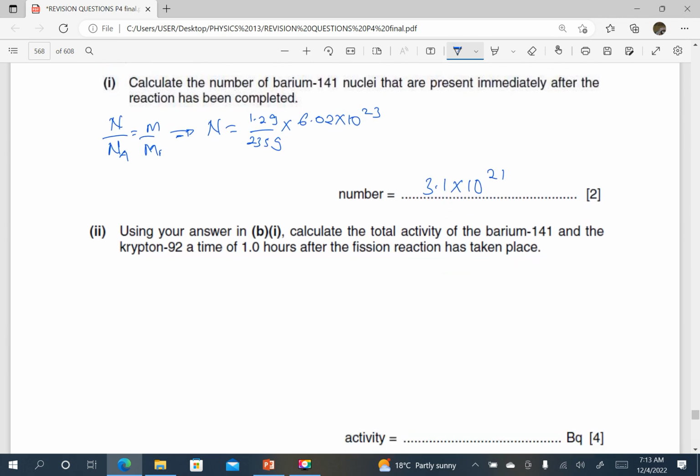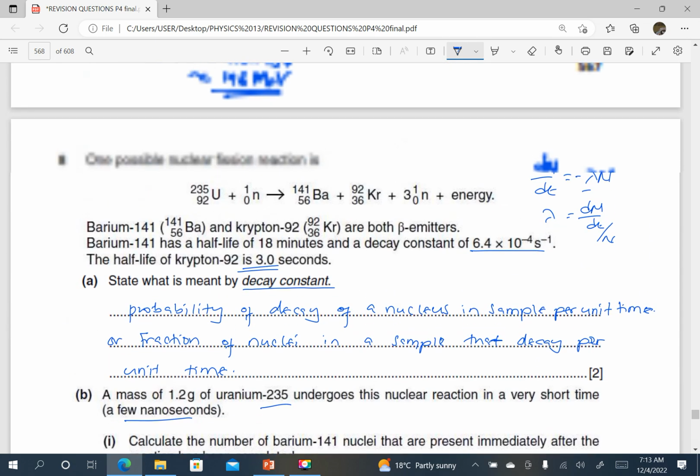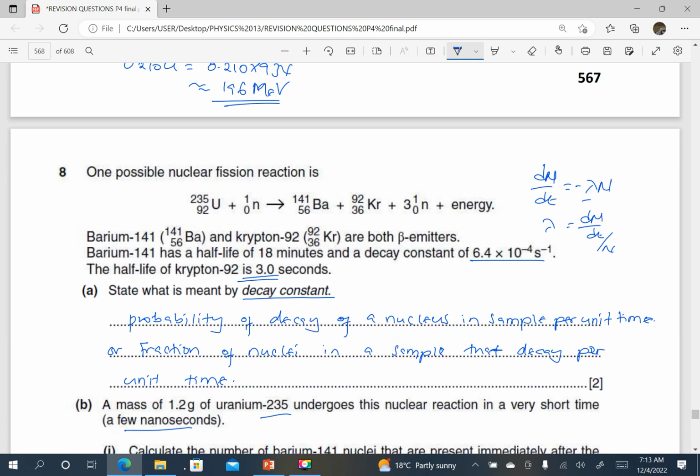Use your answer in part B, Roman 1, to calculate the total activity of barium-141 and krypton-92 at a time of 1.0 hours after the reaction has taken place. Let's go back to how the question started.